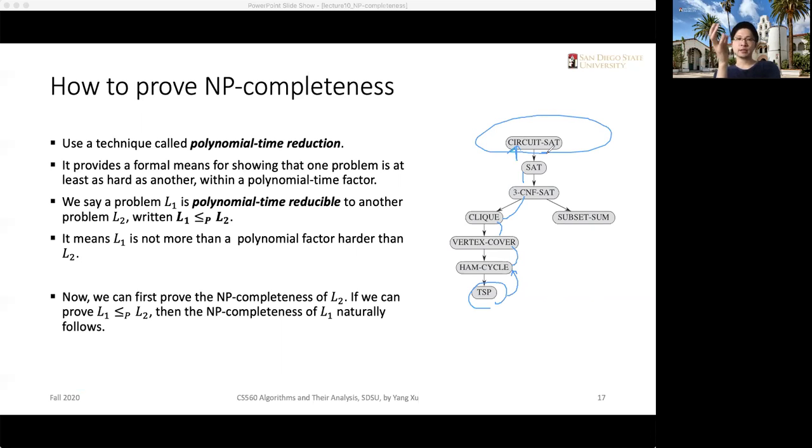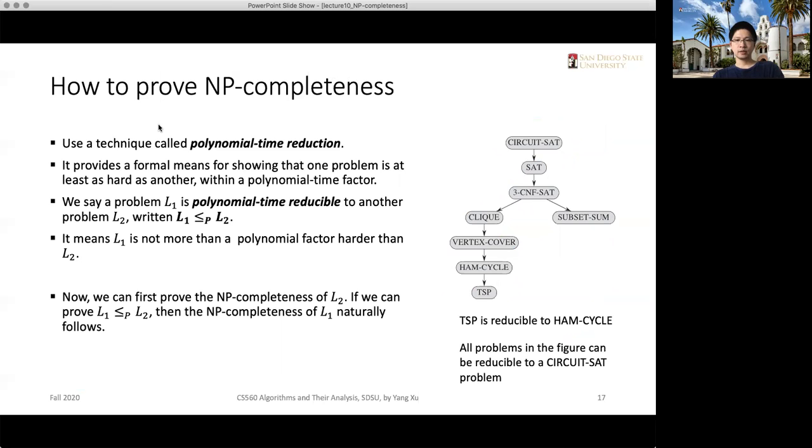Then we will show that all the problems in the descendant nodes in this tree are NP-complete problems. For details, you can read the textbook for the definition of the circuit satisfiability problem.